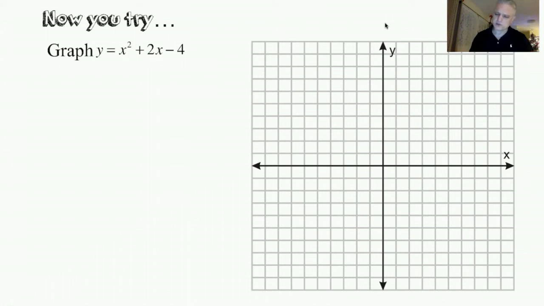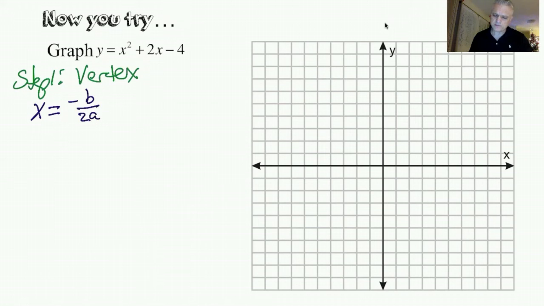Okay, first thing we're going to do, step 1. Find the vertex. Vertex, I'm going to use my x coordinate method that we just learned of finding the opposite of b over 2a.